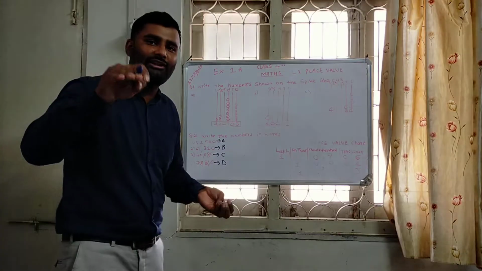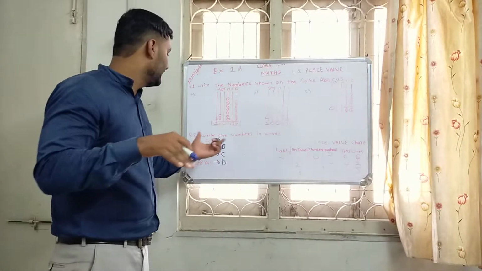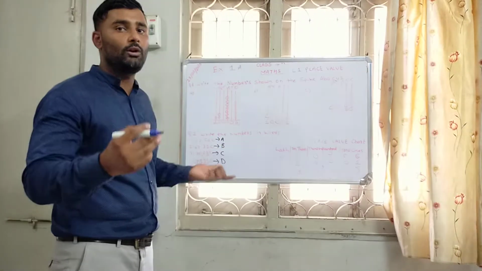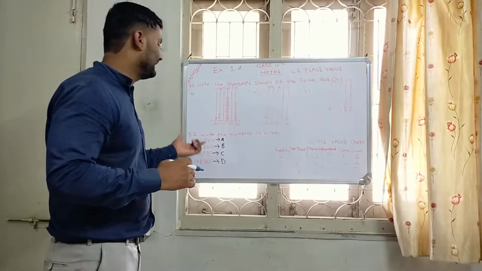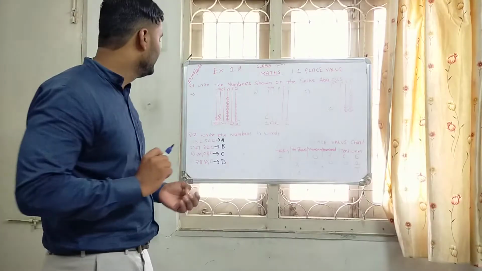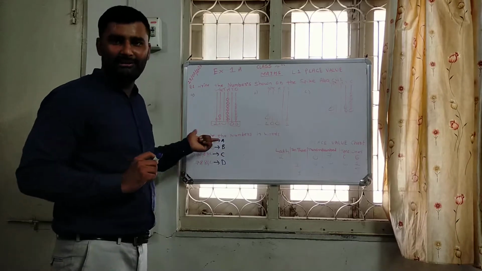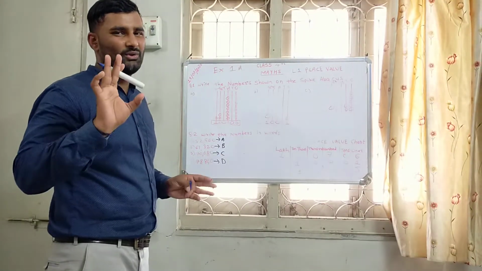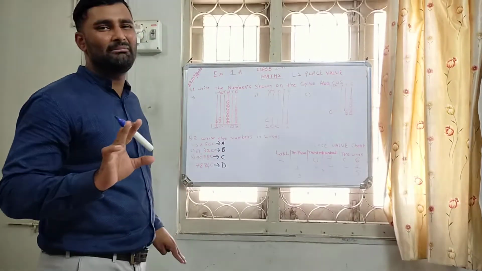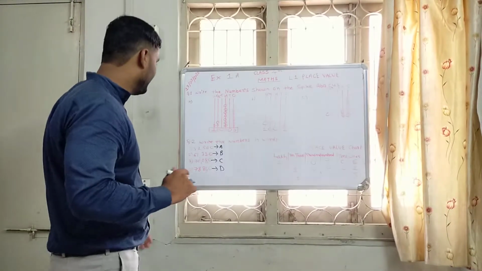So we have to write down their age in words. These are 5-digit numbers, and we have to write these numbers in words.